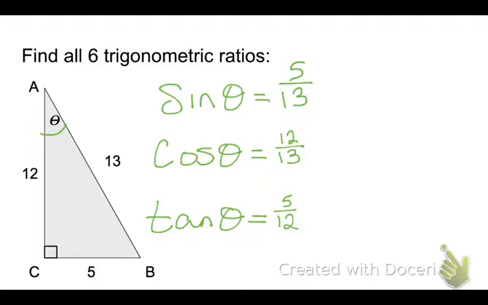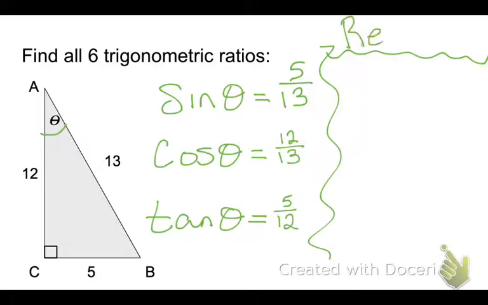We still have the 3 other trig functions. And remember, these are called the reciprocal functions. The reciprocal of sine theta is called cosecant, CSC, cosecant theta, and it is the reciprocal of sine.